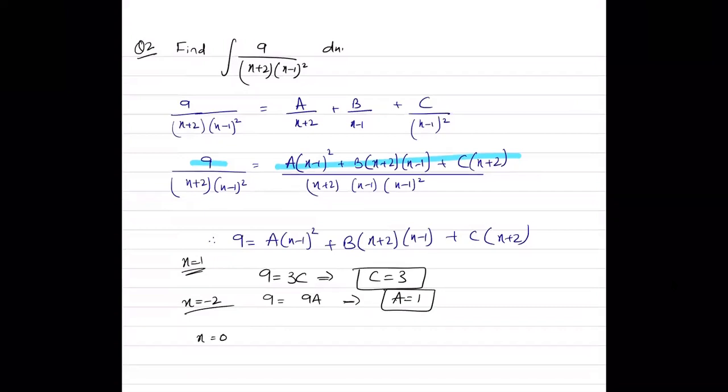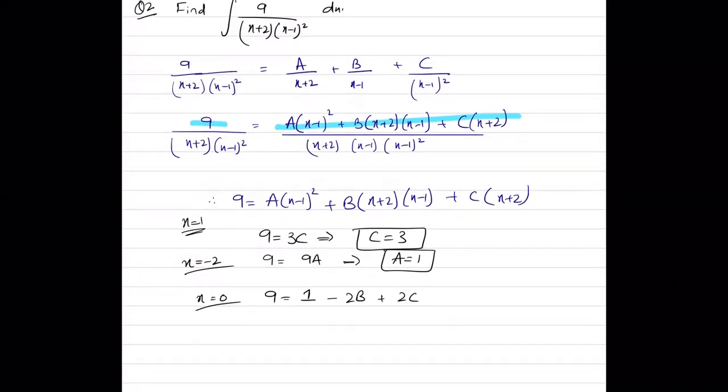Then you can take x as 0. So 9 equals 0 minus 1 squared, which is 1, times a is 1, plus this is going to be minus 2b plus 2c, and the c value was 3.